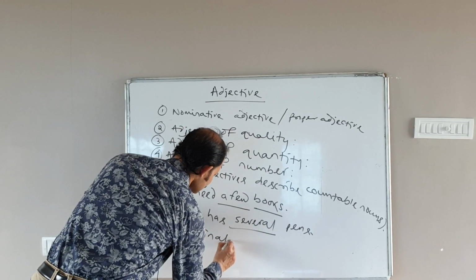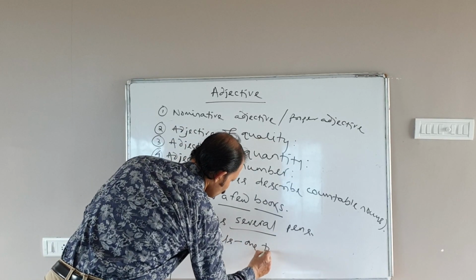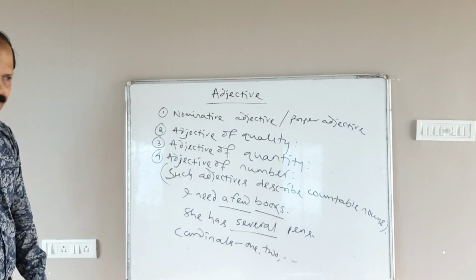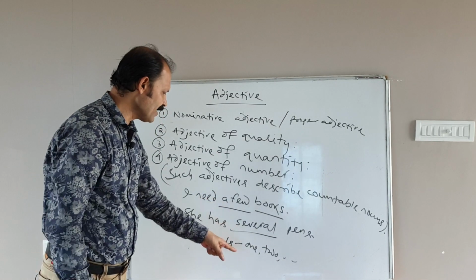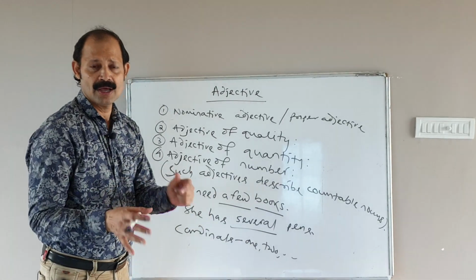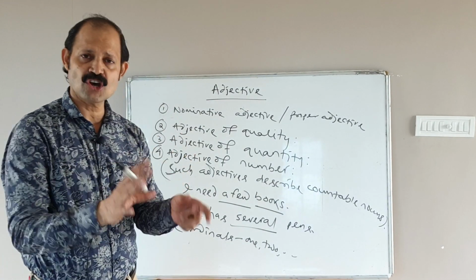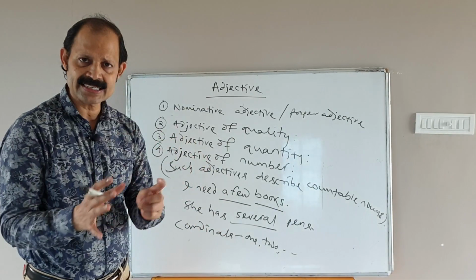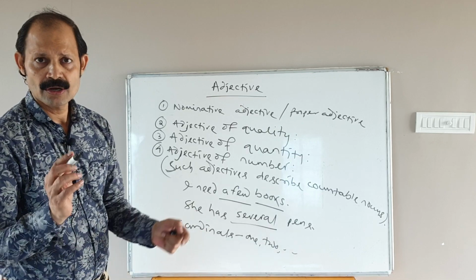Cardinals means 1, 2, 3, 4. These are also adjective of number. So a few, several, some may be adjective of quantity or adjective of number. Suppose they have some rice, some here is adjective of quantity. They have some friends, here some is adjective of number.